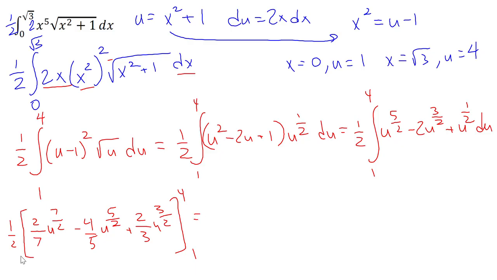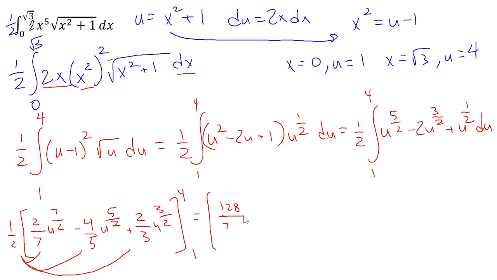Well, now I'll distribute this 1/2 through everything as I start to do this. So we end up with 1/7 inside of there, and then u to the 7/2, right? We've done that a few times today. The square root of 4 is 2, and then 2 to the 7th is 128. So 128 times 1/7 is 128 over 7.